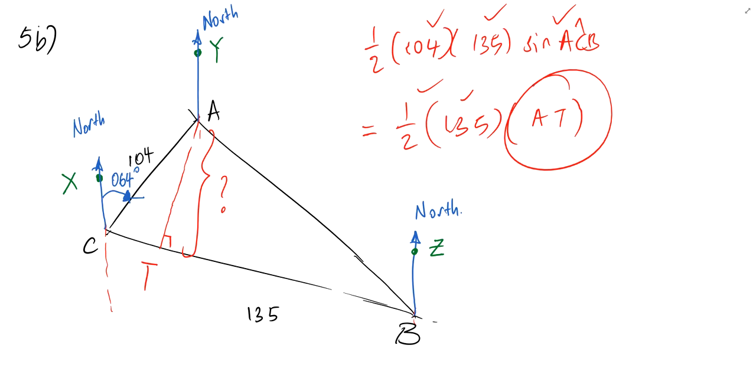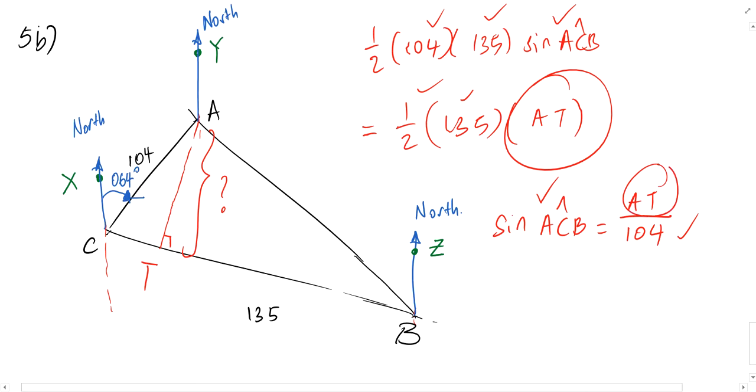There is another way. Yes, Harif? Sine ACB equals to opposite, which is AT, over hypotenuse. Which is the hypotenuse? 104. So ACB, you have it already, right? So this one, half, then you find AT. Same.